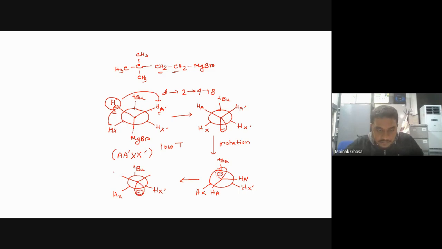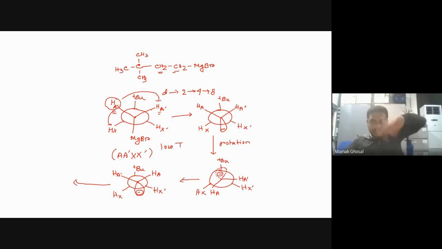This Ha prime here, and Ha goes here. So this is just completely rotating the structure. Ha will become in the position of Ha prime, and Ha prime will be in the position of Ha. So this happens actually at high temperature or room temperature, whatever you are seeing here. At that temperature, this is actually happening.